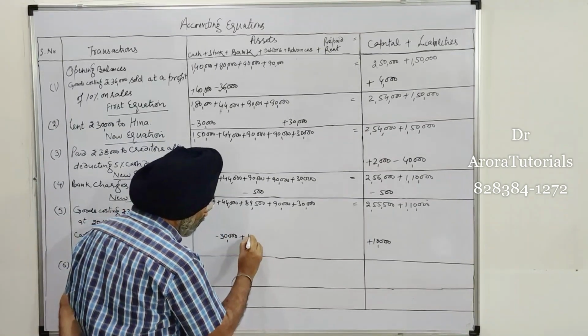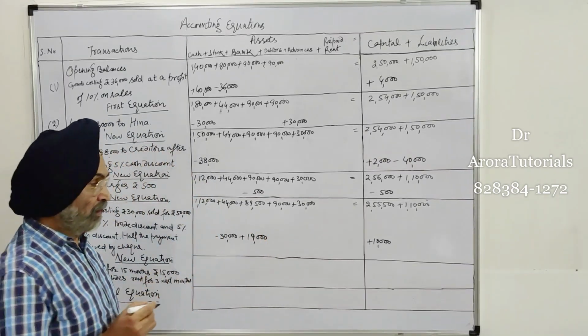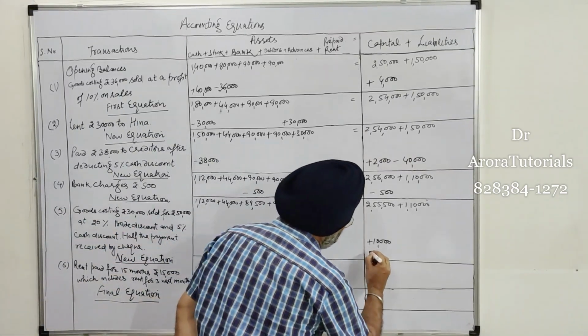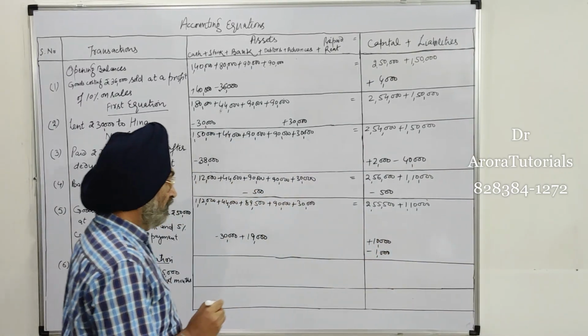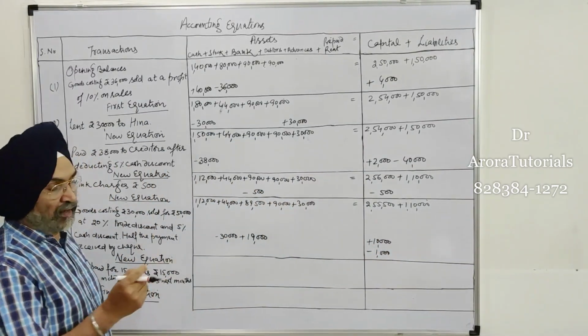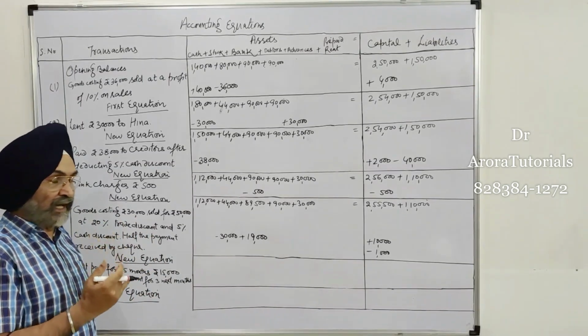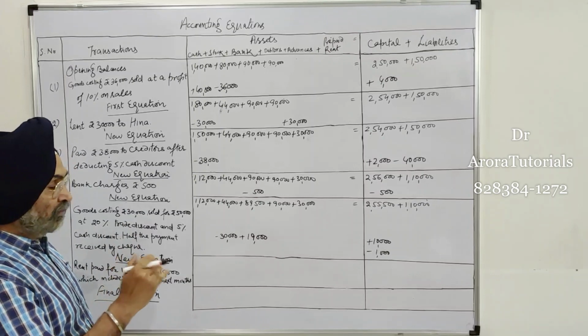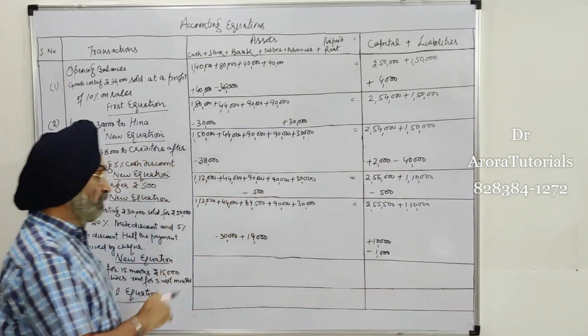So that means net amount received will be 19,000. So that means 1,000 discount. 1,000 discount we have to give, cash discount. When we receive money, either in cash or through check, then we allow the discount. That will be our loss.